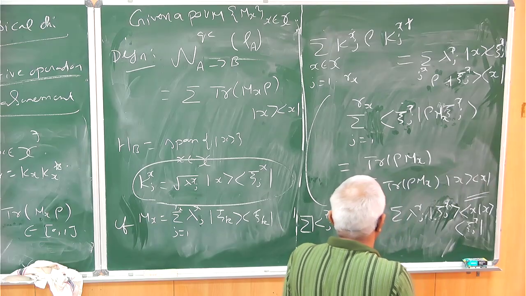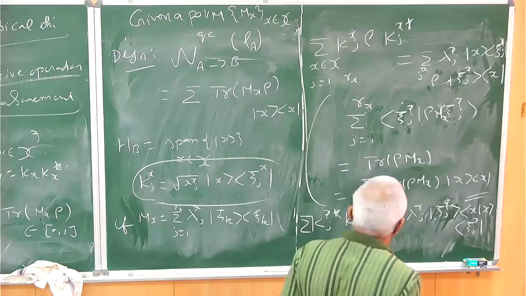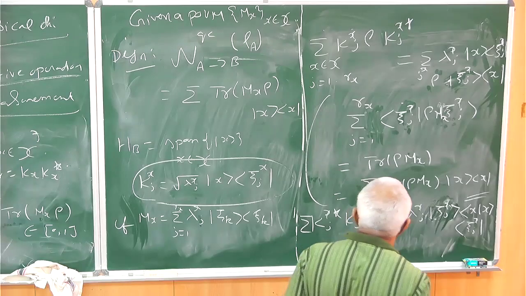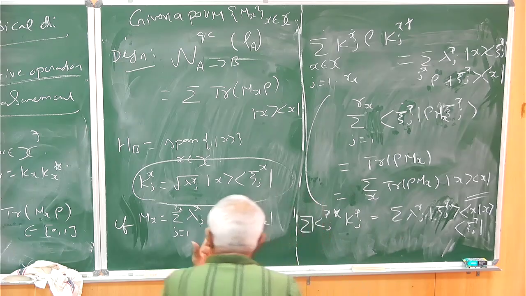If you add over lambda_xj, that is just the identity. We should get 1.